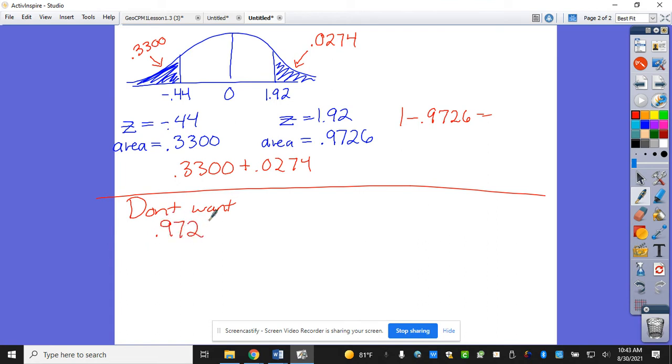The area of the larger one minus the area of the smaller one. So that's what I don't want. So how do I see what I want? And either of those would give you the same answer. It's just how you chose to get there.